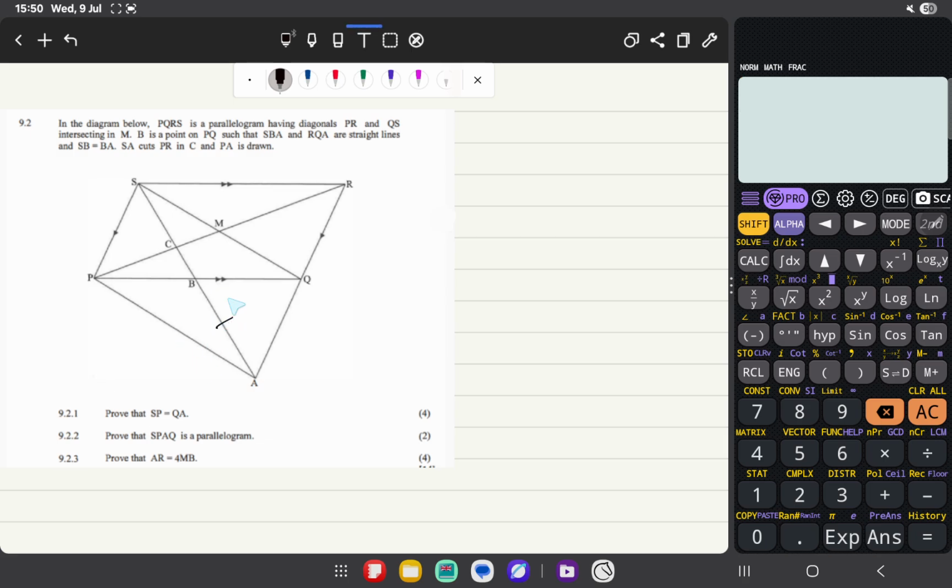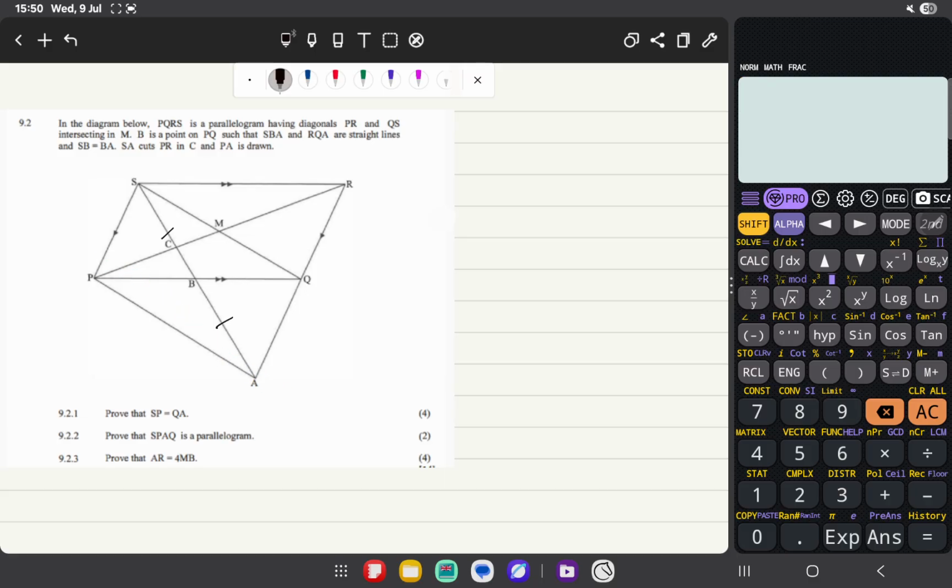So this equals this. Yeah, SB equals BA. And then SA cuts PR here at C, and then we have PA drawn.